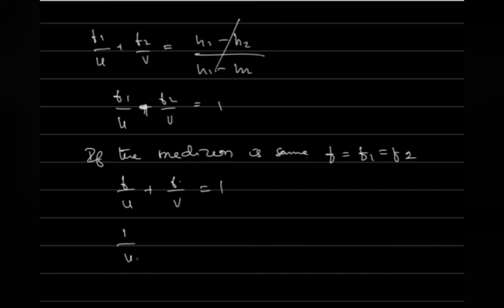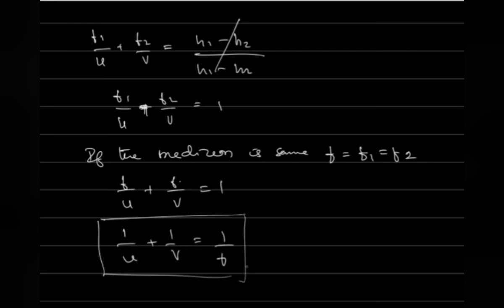So the equation becomes 1 divided by U plus 1 divided by phi equals to 1 divided by F. This is similar to the lens formula. This is nothing but the relation of image and object in an optical system.